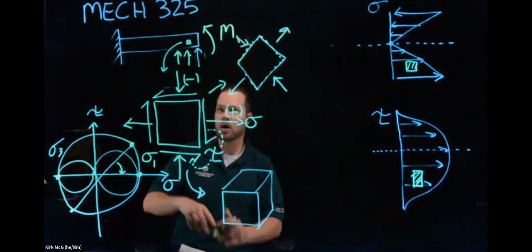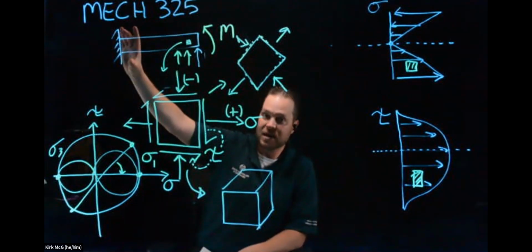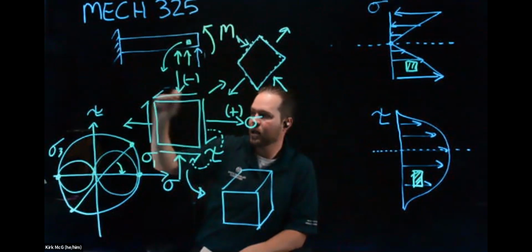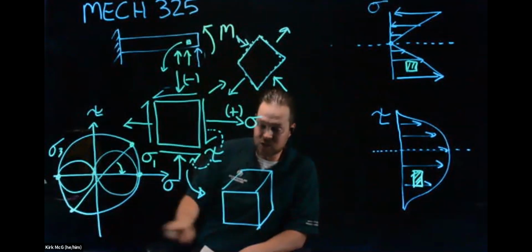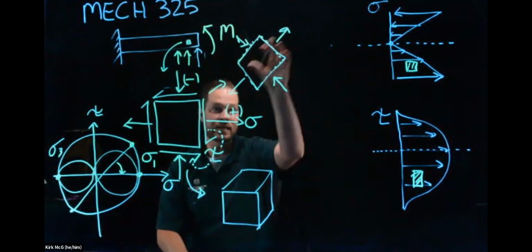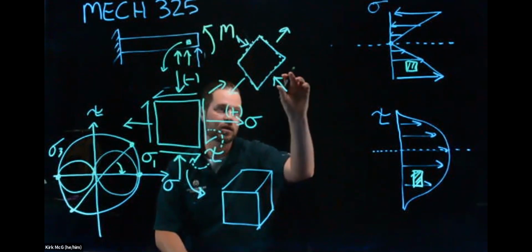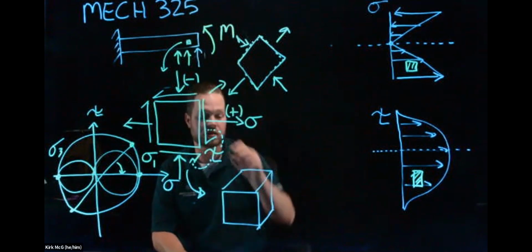So all of a sudden, I've just gone from our very simplified beam analysis of our mechanical finger into a 2D space, back into a 3D space, where now I have only very discrete individual principal stresses that tell us what's happening here.